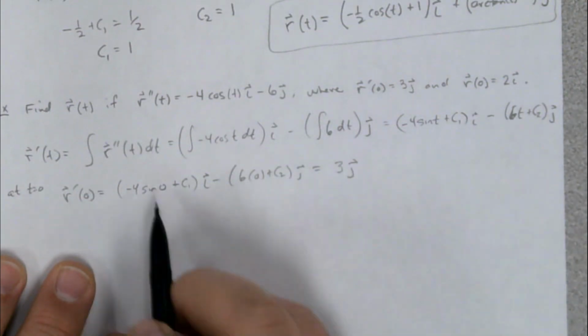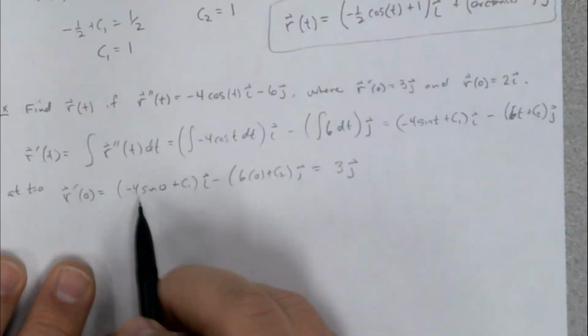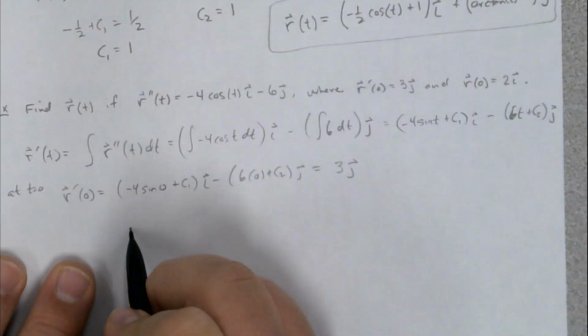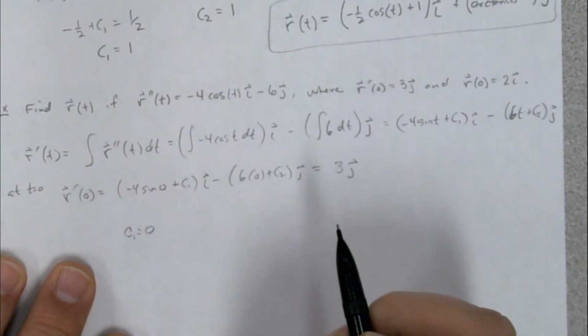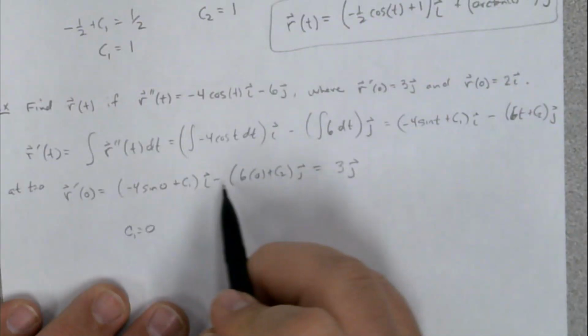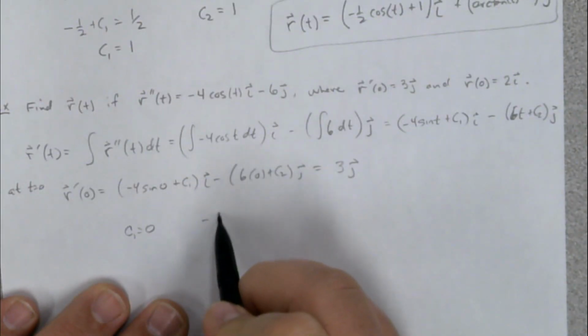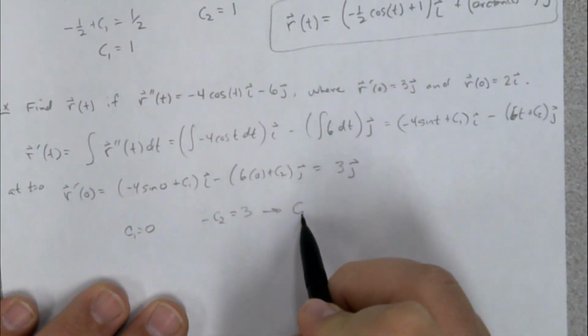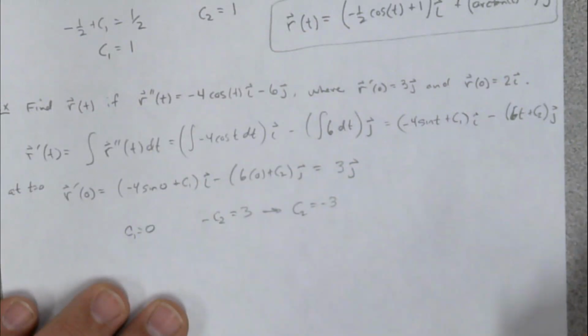Well, that tells me what? Well, sine of 0 is 0. There is no i part, so this whole thing has to be 0, which tells me then that c1 has to be 0. Over here, this negative sign times that gives me negative c2 has to equal 3, which leads me to believe then that c2 must be equal to negative 3.